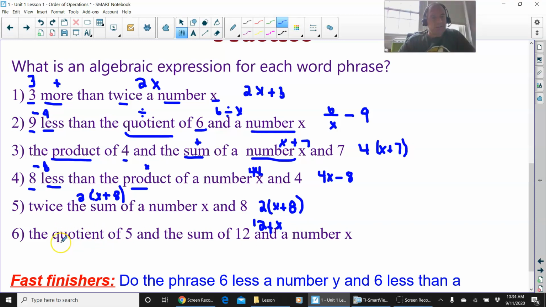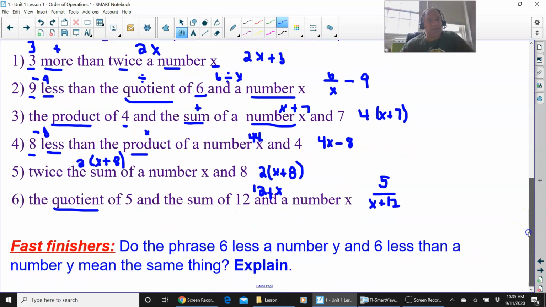The quotient means division. So we're talking about 5, and we're going to write this as a fraction as we do all division, and just put x plus 12. And that's it.